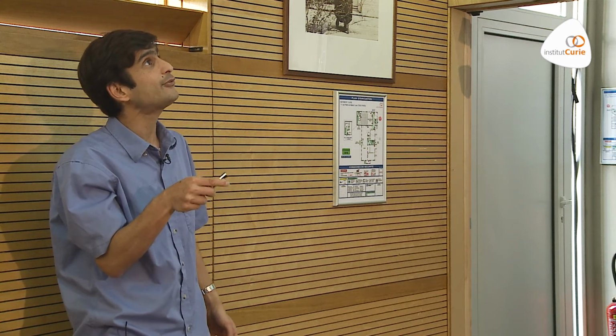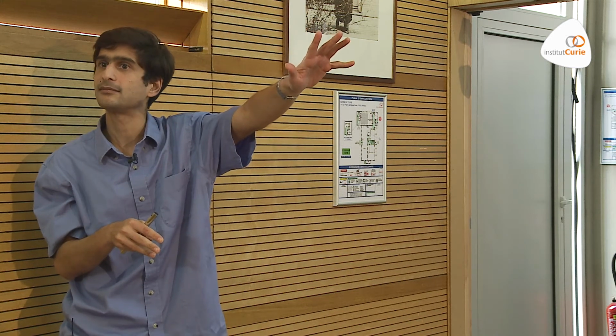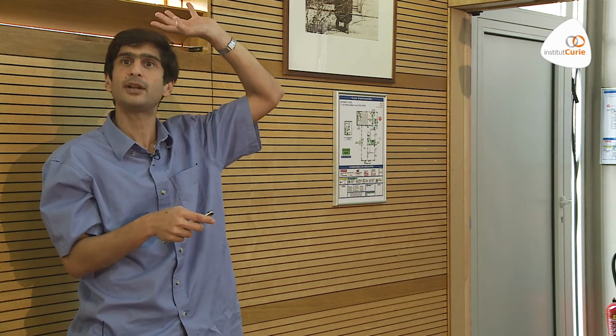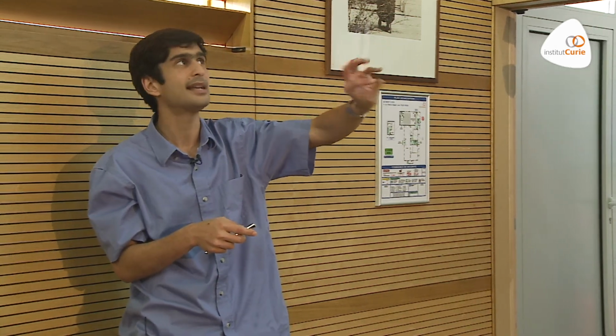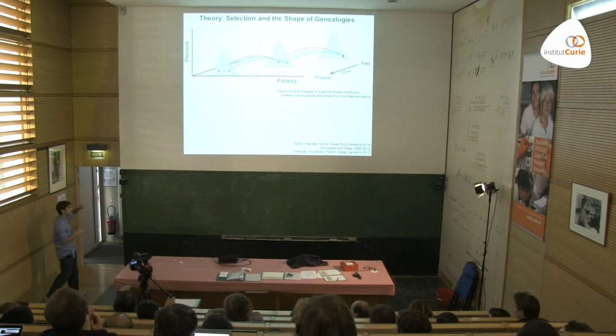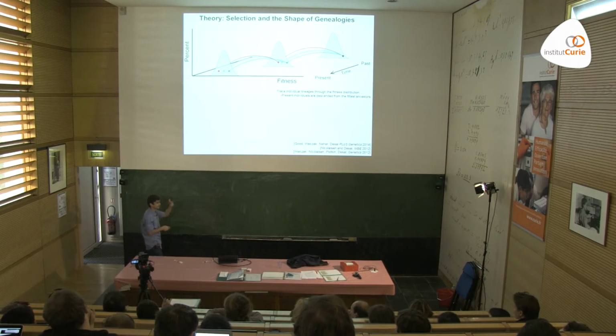And so it's as if the population size was declining in the past, even though maybe it actually was, but even if it wasn't actually declining into the past, it's sort of as if it was, because you're only sampling ancestors from the more and more fit part of the population.